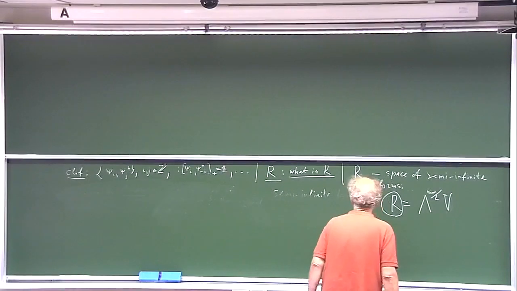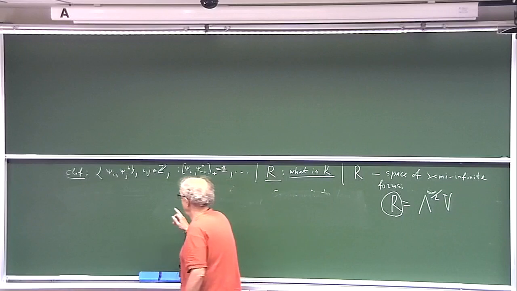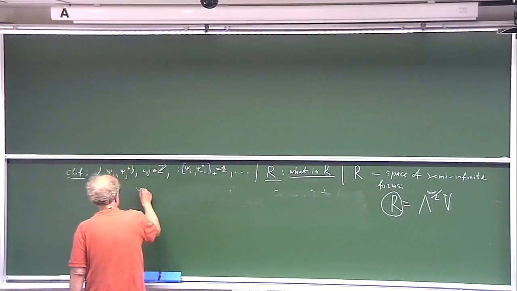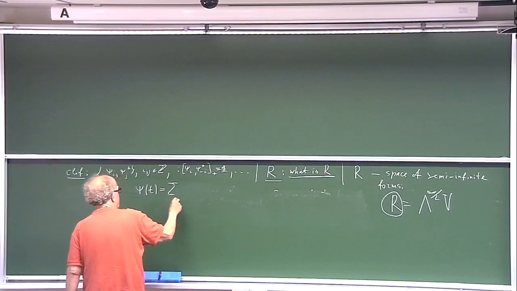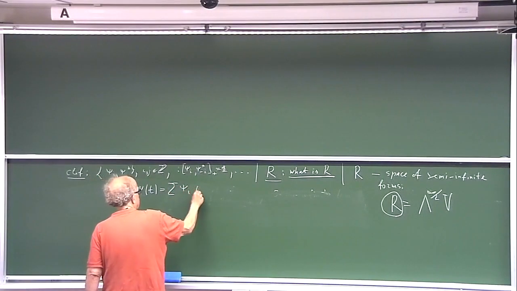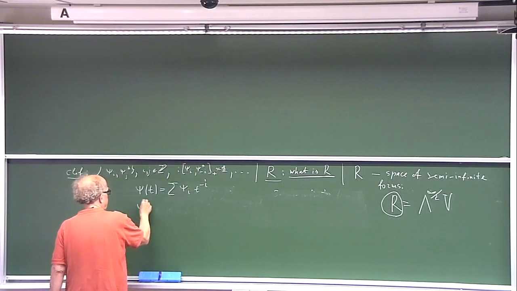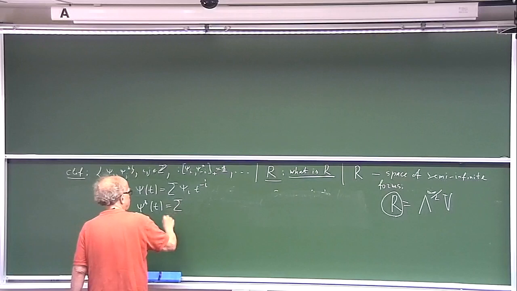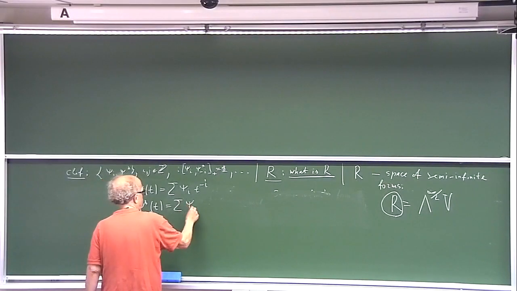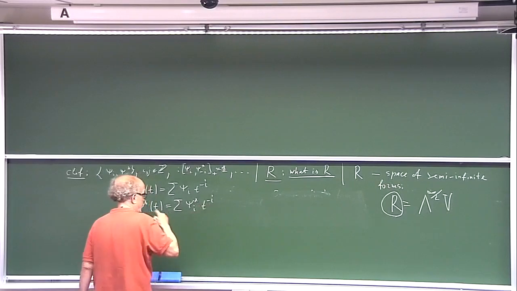Well, what was actually the statement here? I can write down psi(t), which is the sum of psi_i t^{-i}. Or I can write down psi*(t), which is the sum of psi*_i t^{-i}.